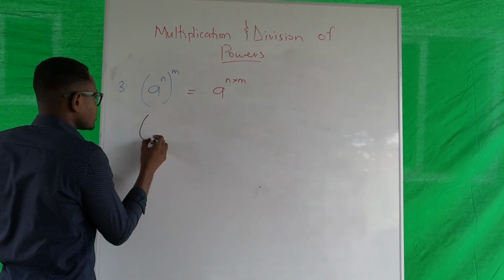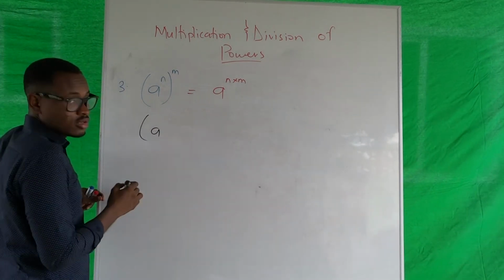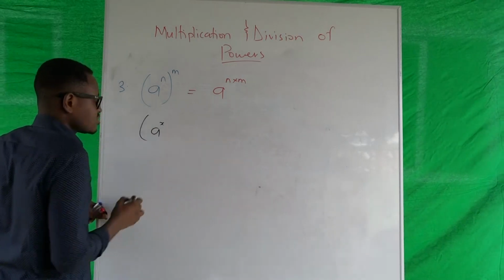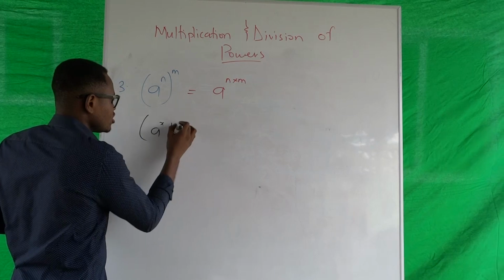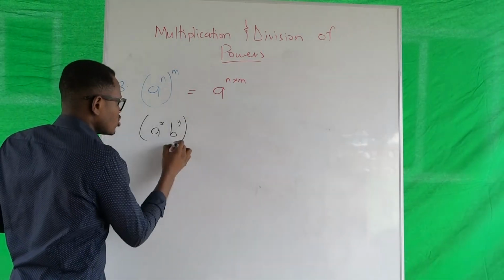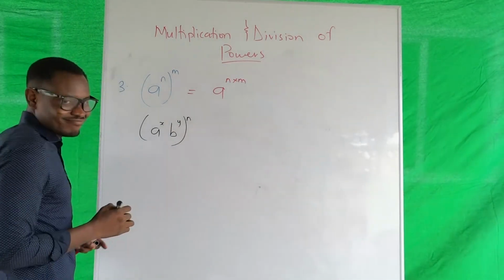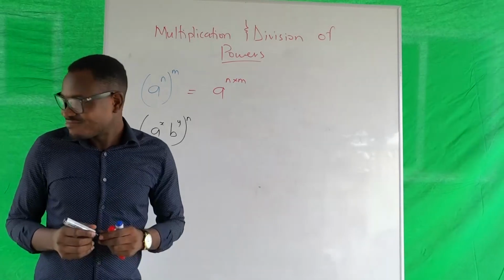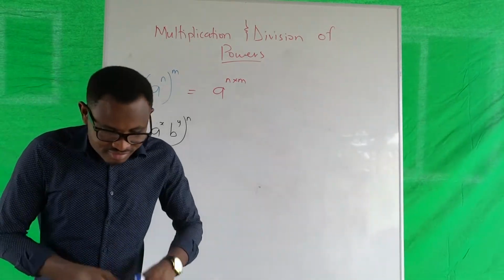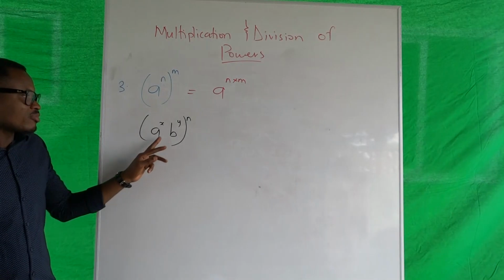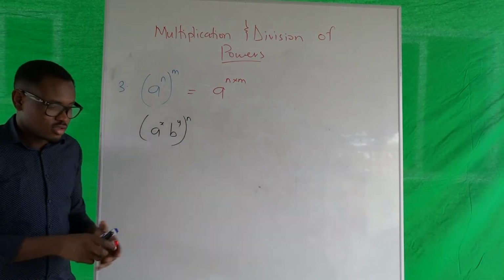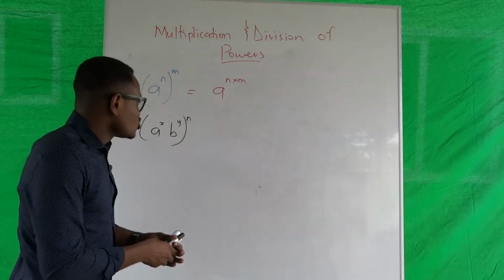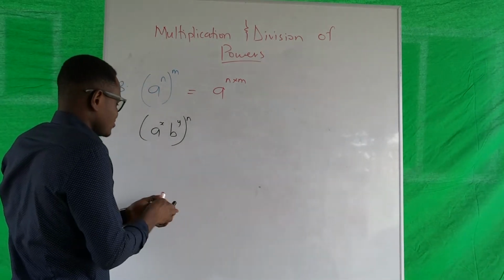What about if you have (a^x b^y)^n? You have a to the power x, b to the power y, all to the power n. The same rule applies.